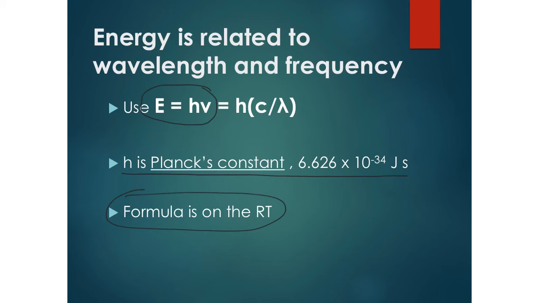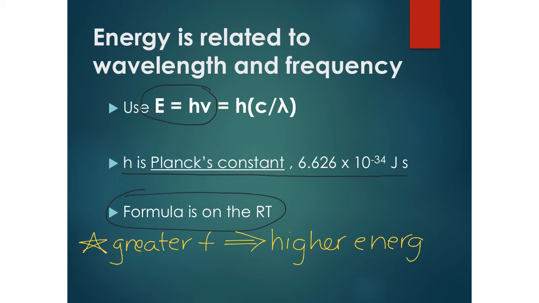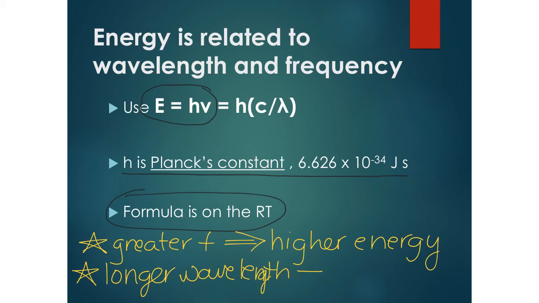Just like with our other ones, we do need to know our relationships. So if we have a greater frequency, that will correlate with a higher energy. And if we have a longer wavelength, that correlates with a lower frequency.